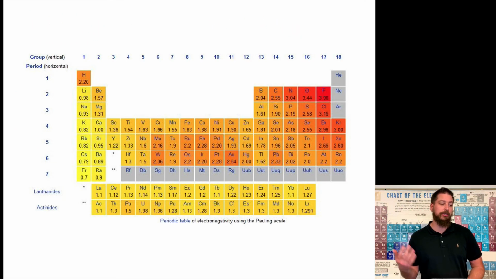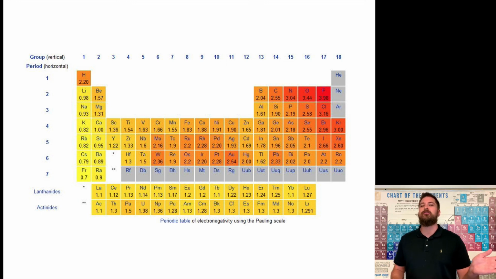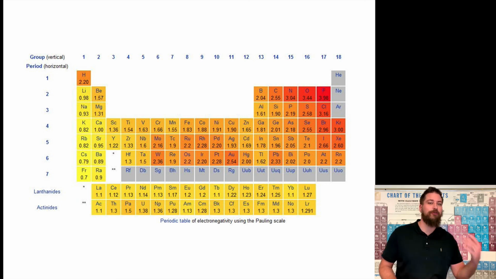Think about sodium chloride: sodium 0.93, chlorine 3.16. That is a huge difference in electronegativity, so much so that chlorine completely takes away that electron, and that's where we get an ionic bond. In that situation, it's a full negative for the chlorine and a full positive for the sodium because the electron is completely removed.